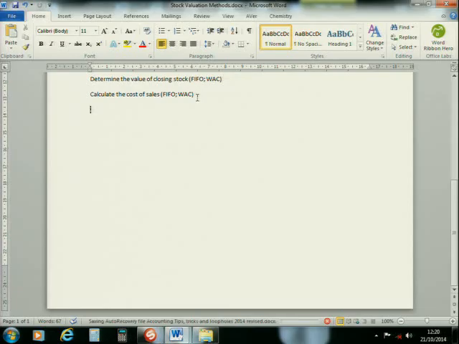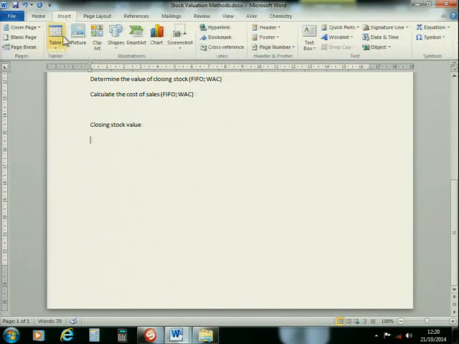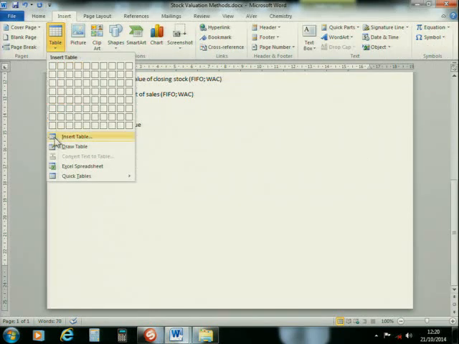Right, let's go to the closing stock, value of closing stock using both methods. Let me put in a table quickly, maybe just to make things a bit neater.